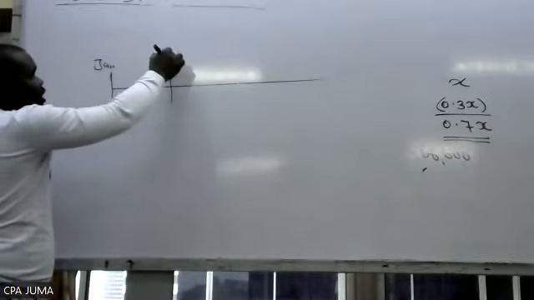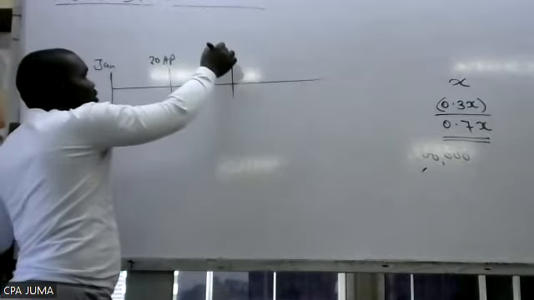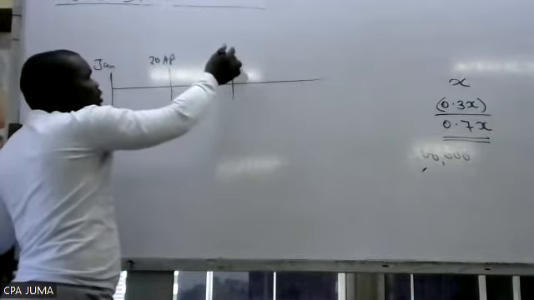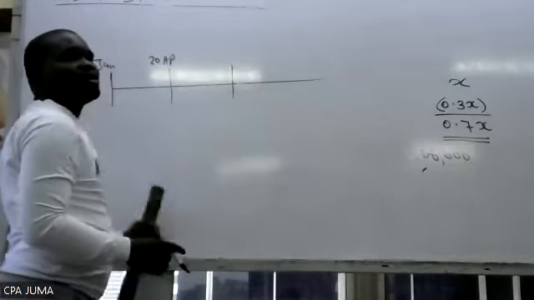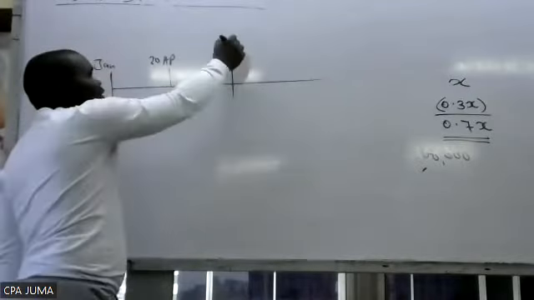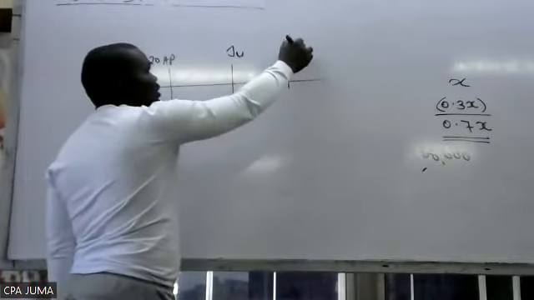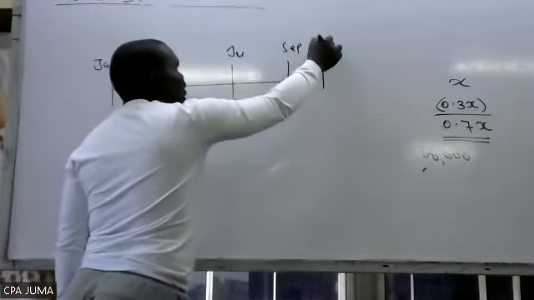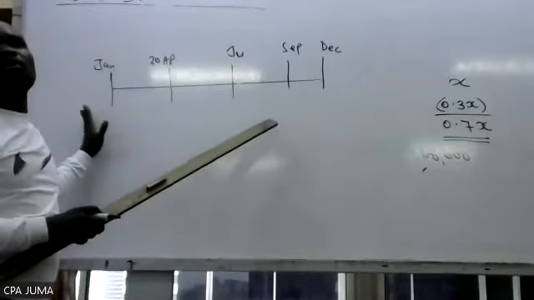So 20th April, then again in June or July. We have every 4 months. Then by December, you will have closed the books.